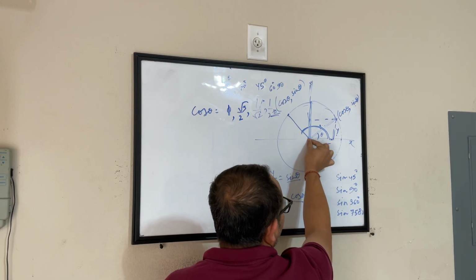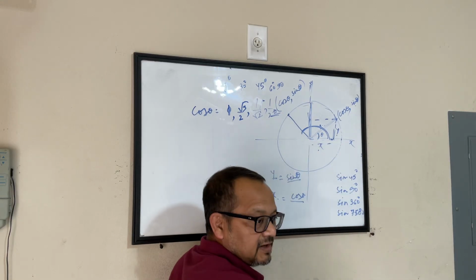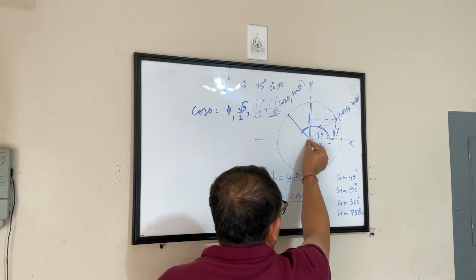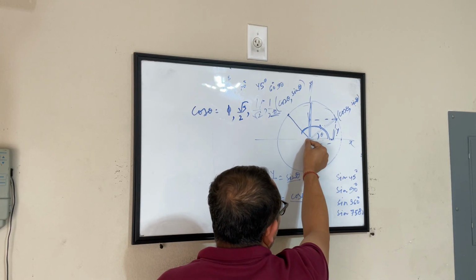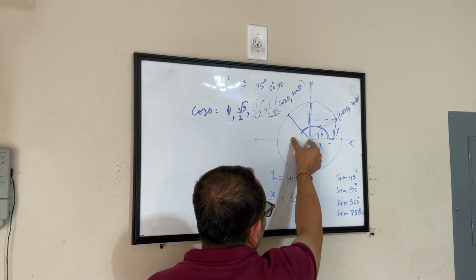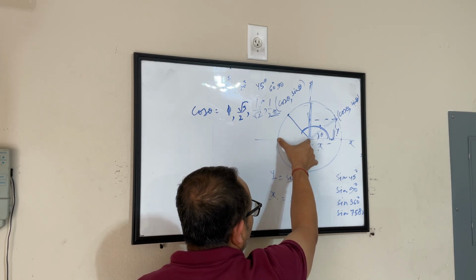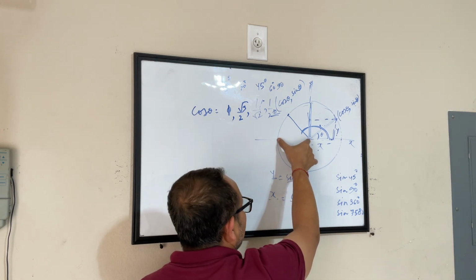Once you hit 90, it becomes 0. And when the angle goes beyond 90, your x coordinate is increasing but in the negative direction. So it will become maximum in negative, that is minus 1.